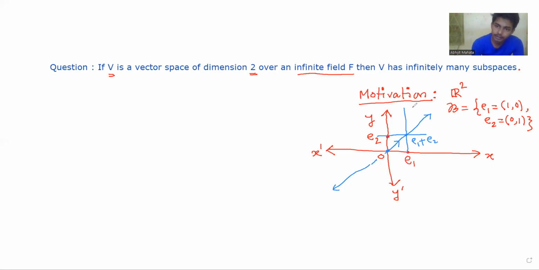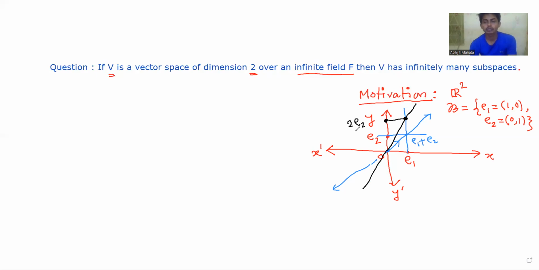All right. Now let's take another line. The line passing through E1 parallel to the y-axis intersects this line at this point. If we draw a perpendicular on the y-axis, we get a point here. The vector from the origin to here will be some multiple of E2, say suppose it is double, 2 of E2.